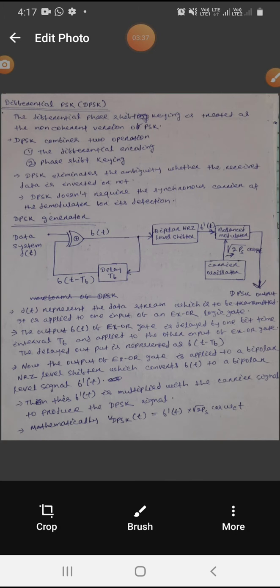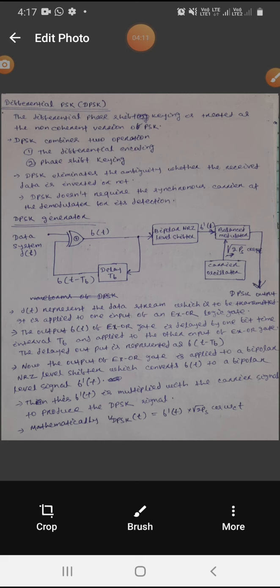Then B'(t), which is the output of the bipolar NRZ level shifter, is multiplied by the carrier signal at the balanced modulator, because the carrier oscillator is generating a signal whose value is root over 2Ps cos omega_c t.